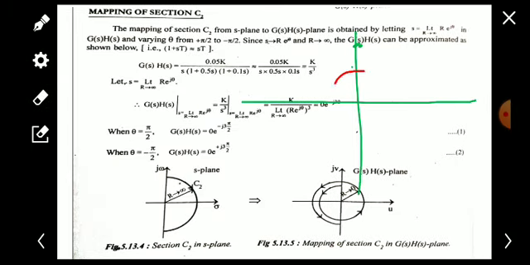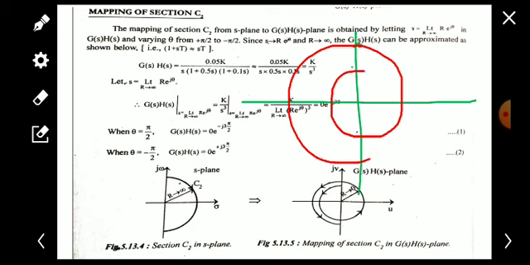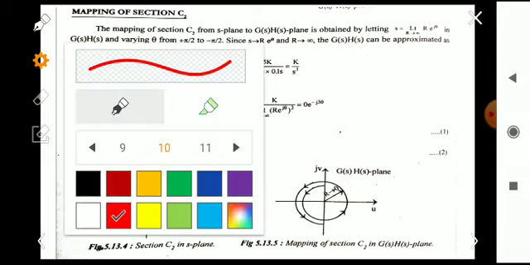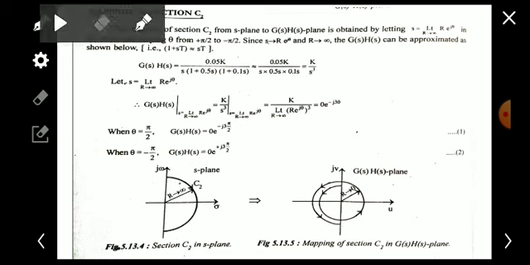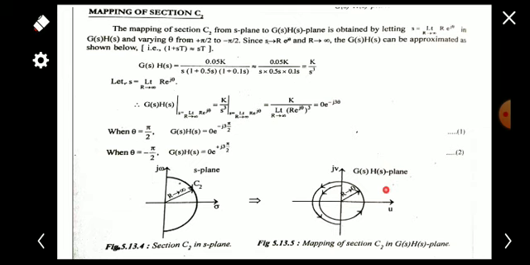So minus 270, minus 180, then minus 90, 0, then plus 90, plus 180, plus 270. Okay, this is the corresponding contour in G of S into H of S plane. So you can see here with axis U and JV, the corresponding contour in G of S into H of S plane is like this.